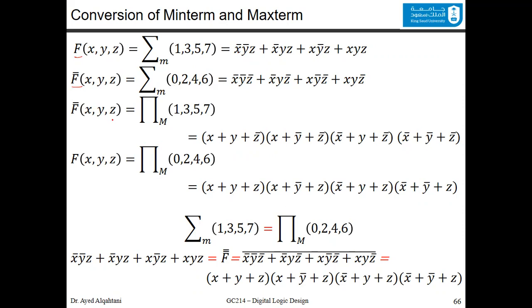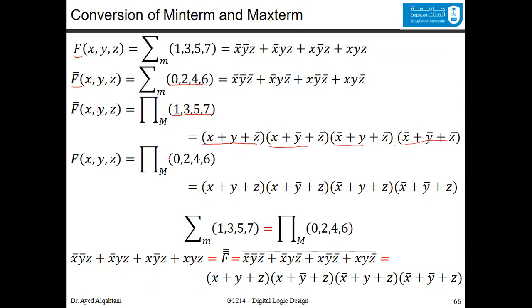So also for the equivalent of the complement function, we get the product of max terms with the indexes that are not listed here, and they will be listed, as you can see here, as product of max terms.